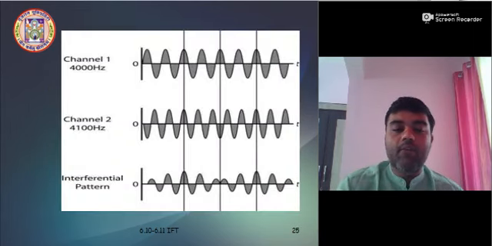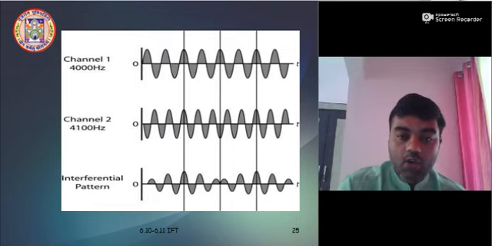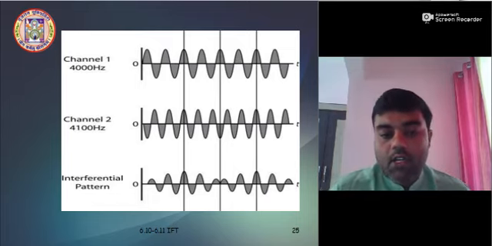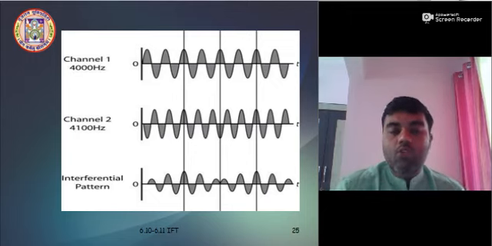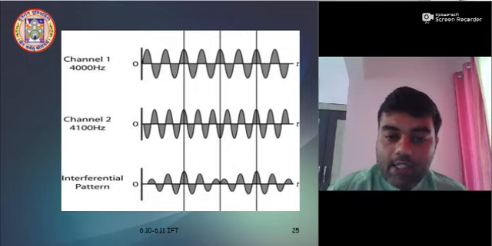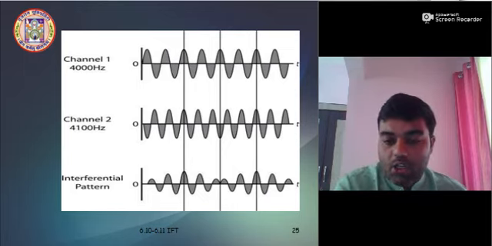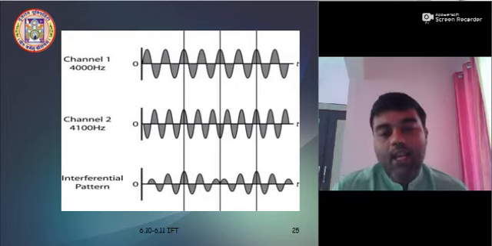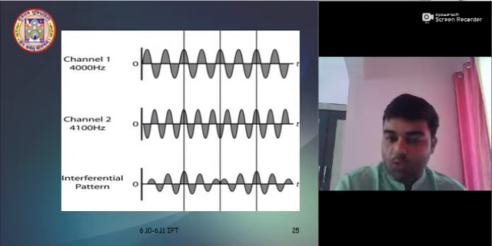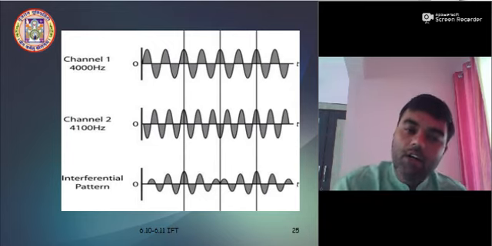See, in this diagram, channel 1 is 4000 Hertz, channel 2 is 4100 Hertz. So we easily get 100 Hertz, that is the interferential pattern. 4000 Hertz is always fixed, and when you give channel 2, summation occurs automatically and 100 Hertz results.